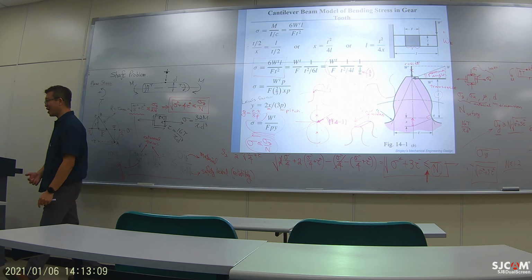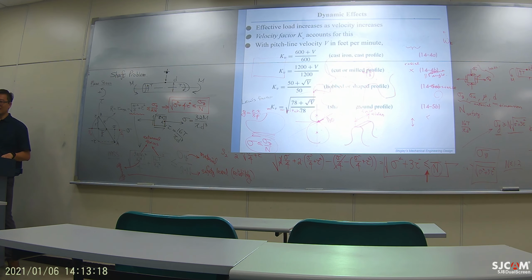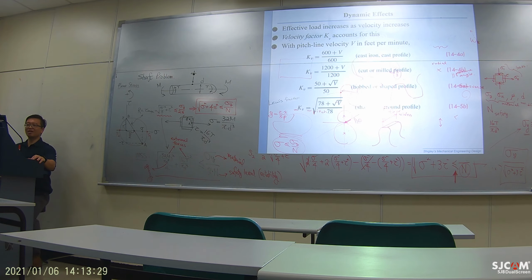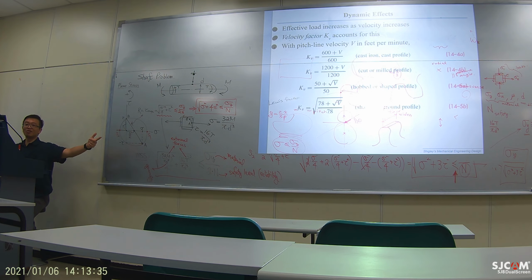So let me show you what's going to happen at the end. They have so many correction factors. Like the book is going to tell you, oh, there is a dynamic effect based on different speeds of the gear, and the stress needs to be multiplied by a certain value. Why do they know this?